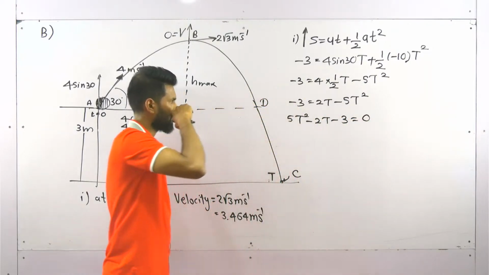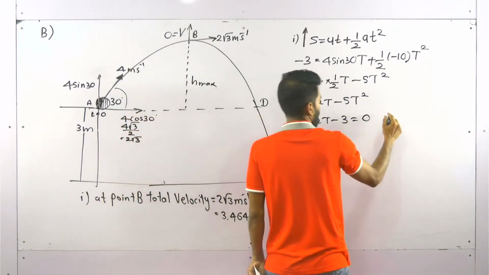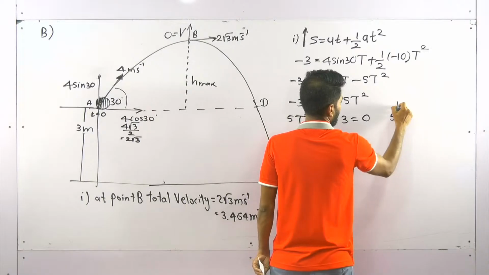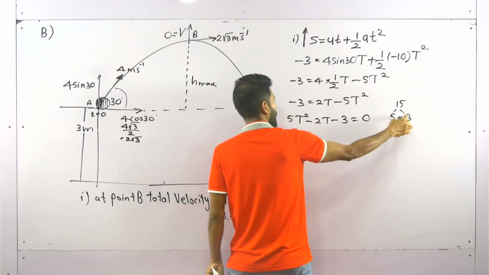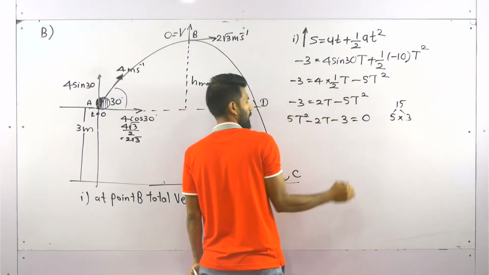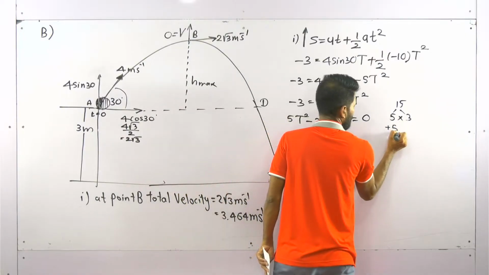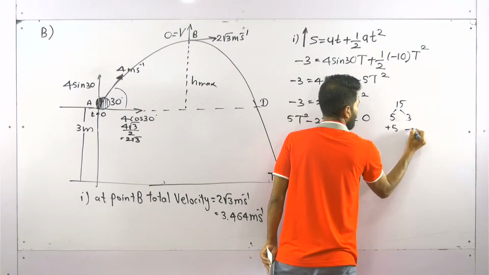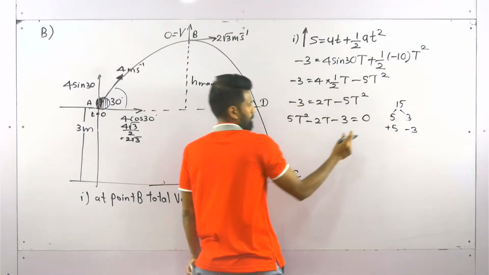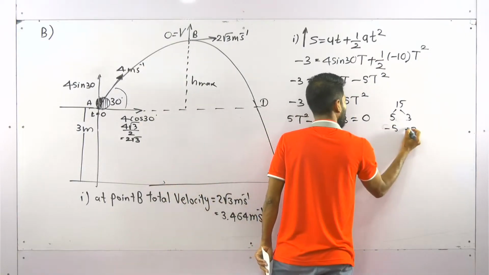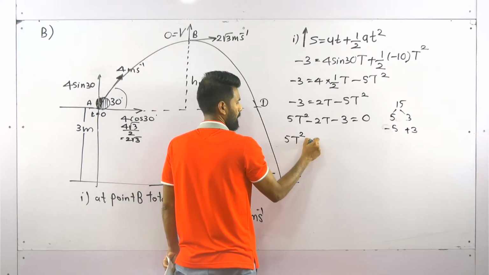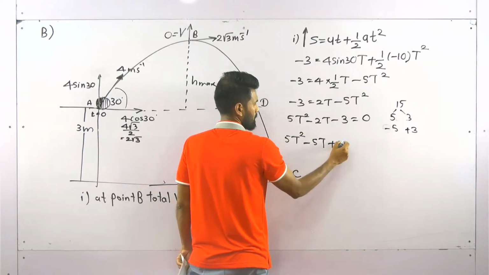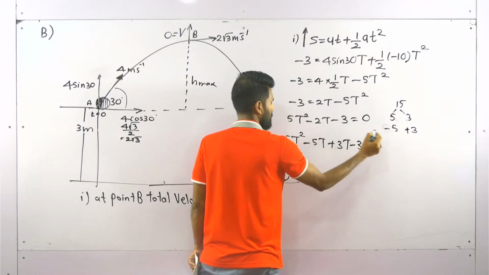I'm going to solve this quadratic equation. 5 times 3, it's 15. And here, 5 and 3, I need to have -2, so plus 5 and -3. I'm sorry, -5 and plus 3. Okay, 5t square minus 5t plus 3t minus 3 is equal to 0.